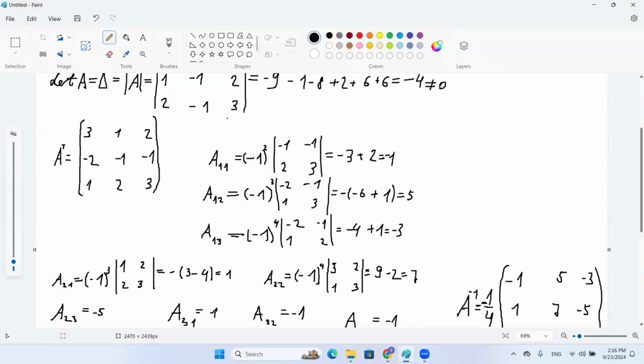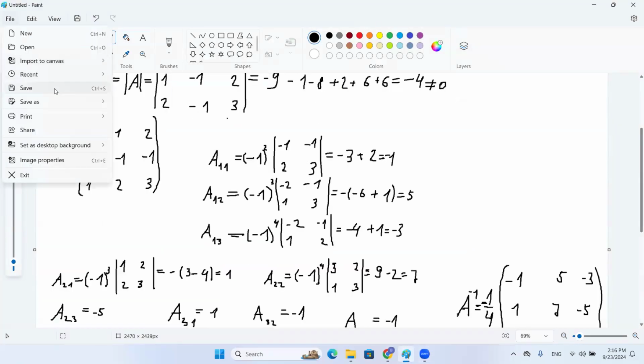Firstly, we should write down the augmented matrix of the system and then multiply it by the answers.